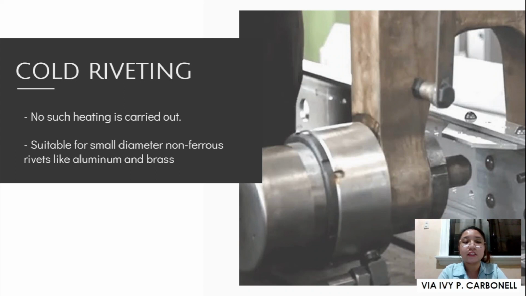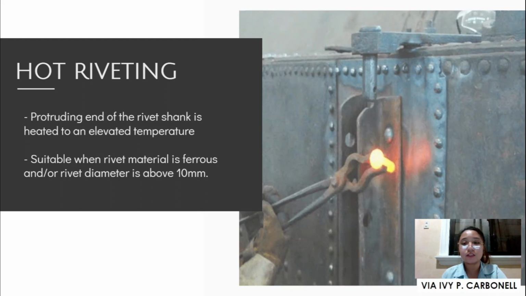It doesn't need any heat and it is suitable for small diameter or non-ferrous rivets like aluminum and brass. For the hot riveting, as you can see here in the picture, it needs to be heated to an elevated temperature, and it is suitable when the rivet material is ferrous and or the rivet diameter is above 10 or 12 millimeters. So here's the example.